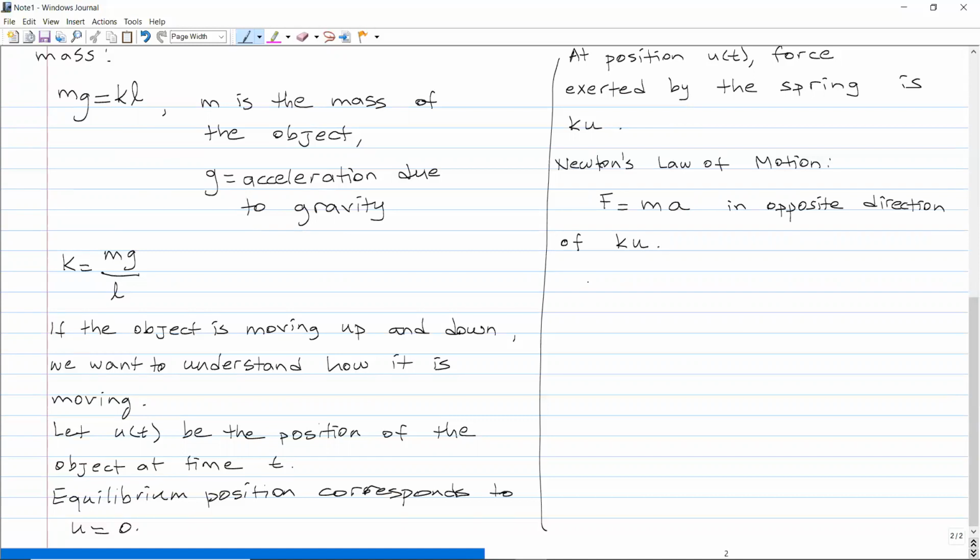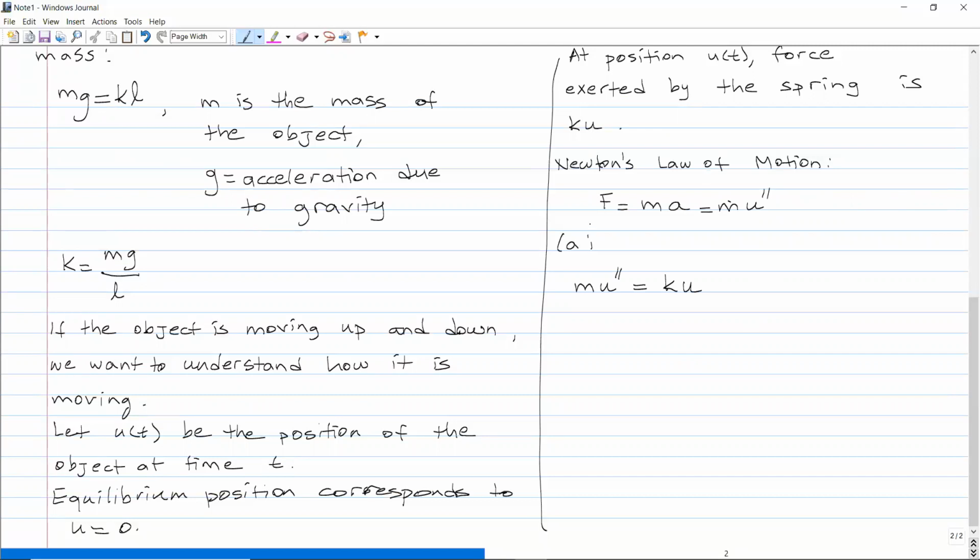So we have m times acceleration a, which is of course the second derivative of the position, equal to k times u. They're in opposite direction, though. Wait, no. I'm sorry. This is the total force. So this is the total force on the object. Force equals ma. So it is m times u double prime.